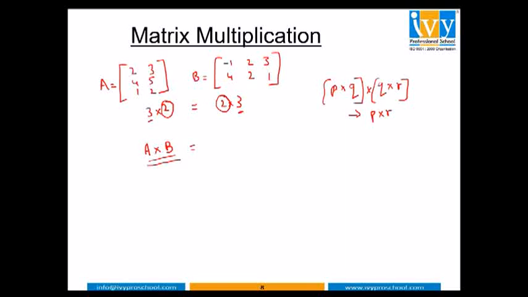So the way to multiply matrices is that, of course, now we know we're going to get a 3 by 3 matrix, so let me just fill that out with blanks. A 3 by 3 matrix.